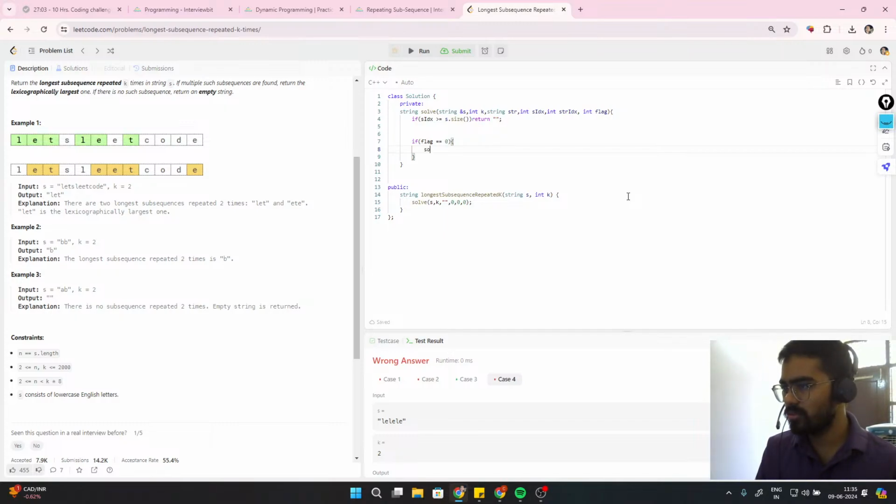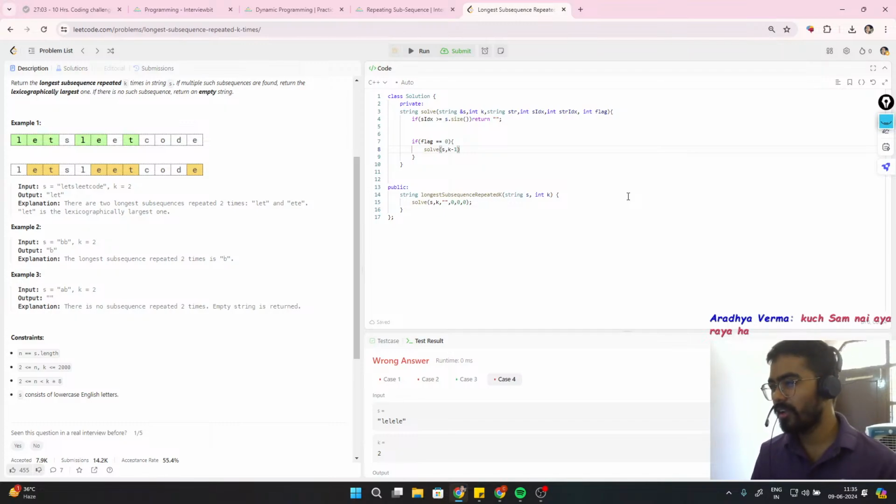There will be two solve calls. First will tell me s, the second, k will be reduced by 1 because I'm finding this. If I want to say that okay, search this string, then my k will reduce.